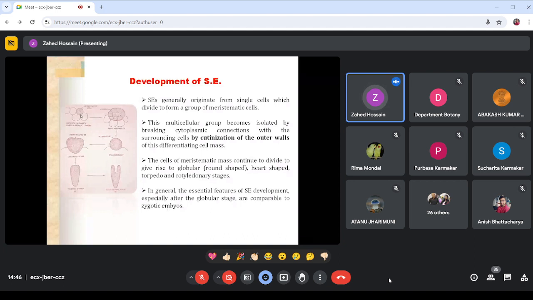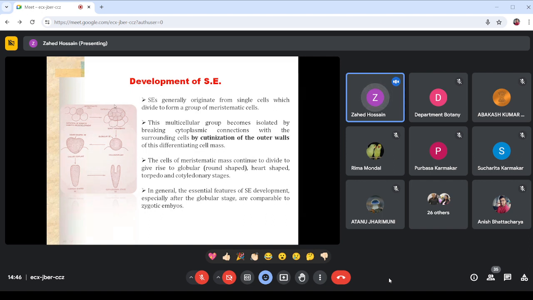That dedifferentiation should be triggered by definite stimuli, particularly the very delicate balance between different types of plant growth regulators. Once it becomes meristematic, it will start dividing. It will form a mass or group of cells, and that group of cells becomes isolated from the rest of the cells through the formation of cutin.